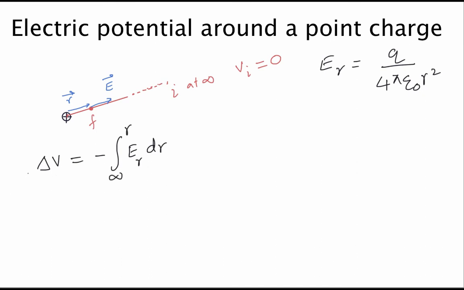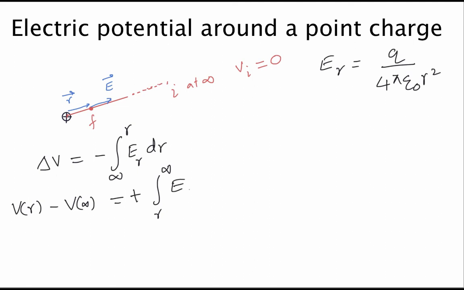Instead of delta V, I can write V at R minus V at infinity. That is my potential difference, which is equal to minus the integral of E_R dr. Instead of going from infinity to R, I can go from R to infinity and make the integral positive.